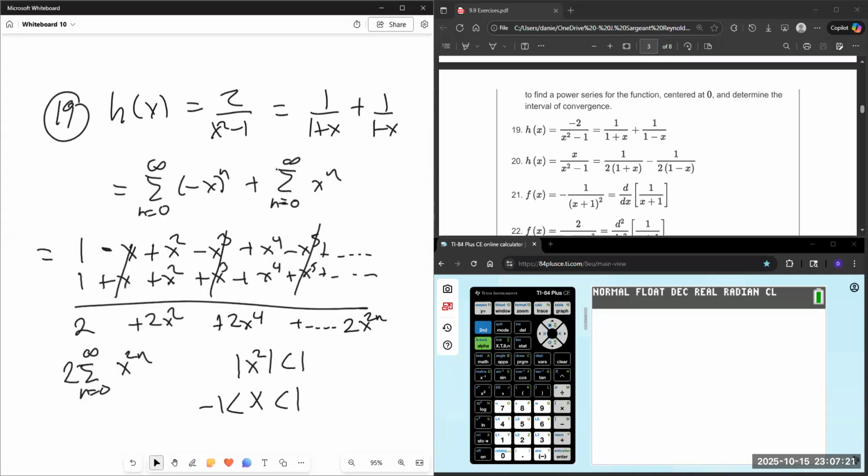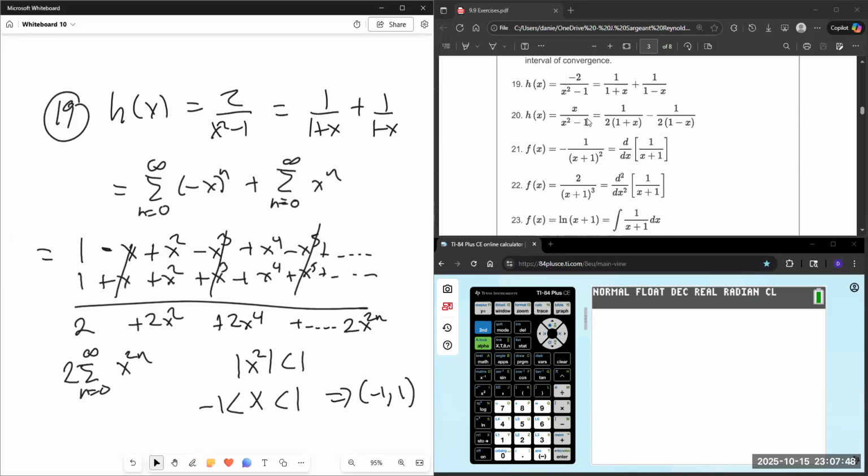And if I test my endpoints here, negative 1 squared is 1 to the n, that's divergent. 1 squared is 1 to the n, would also be divergent, so it doesn't converge on either end. We have the open interval of convergence, negative 1 to 1.